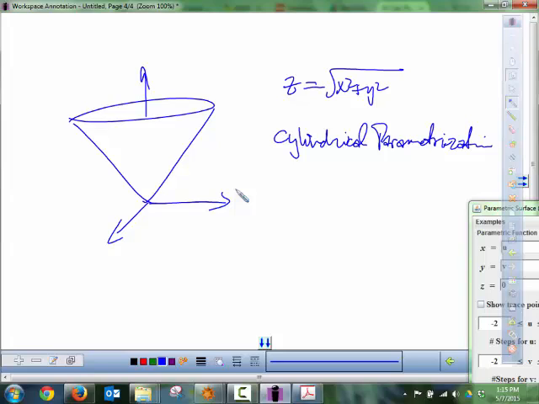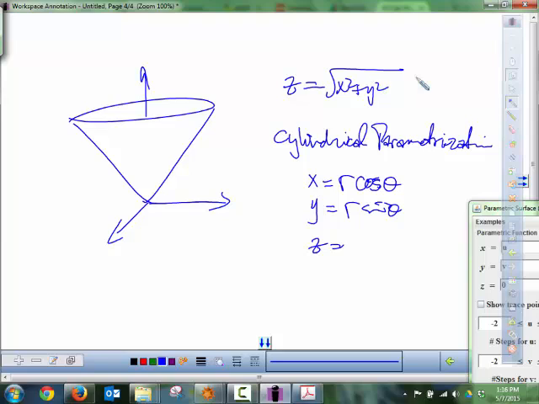We need an x and a y, and z is equal to the square root of x squared plus y squared. If we're going to go cylindrical, we need to change the x into what? With an r.